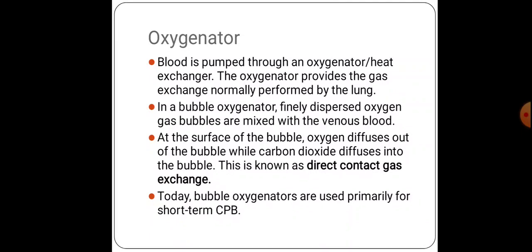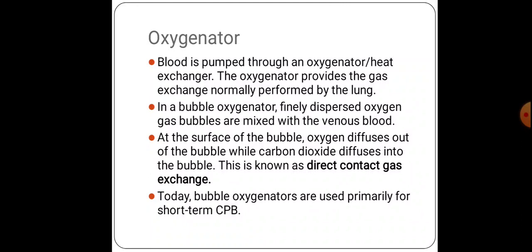This is known as direct contact gas exchange, because we need oxygen and at the same time we have to remove the carbon dioxide. The bubble diffuses out the oxygen, and it also takes the carbon dioxide from our blood. This is called direct contact gas exchange. Today bypass bubble oxygenators are primarily used for short term CPB.